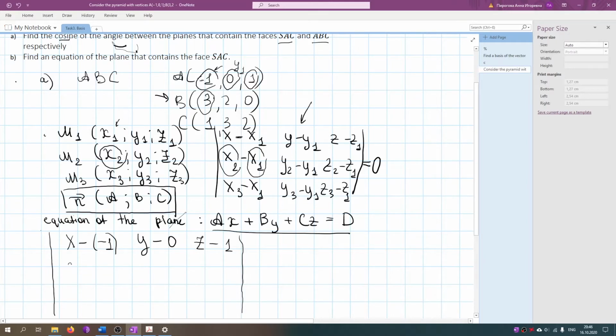So we write 3 minus -1. The coordinate of the second point here is 2. And the coordinate of the first point is 0. So we just write 2 minus 0. Then z2 in our case is equal to 0 and z1 is equal to 1. So it is 0 minus 1.